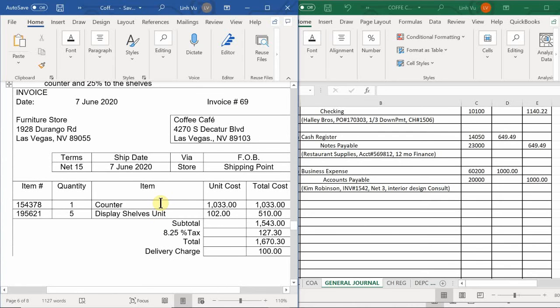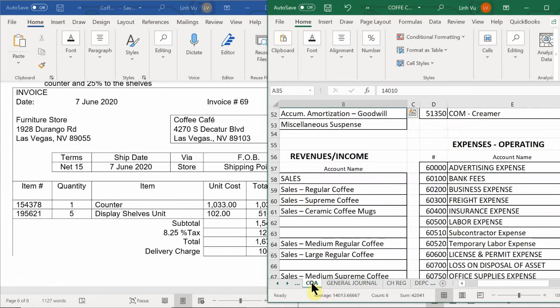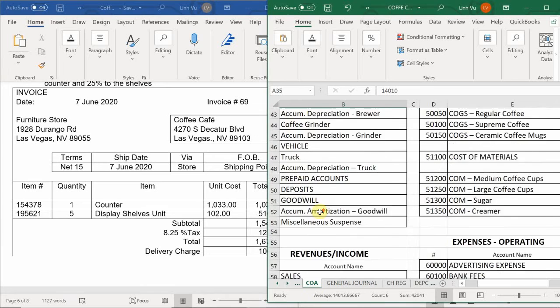So in this case, I received a bill, and I'm not going to pay for it yet. So in this case, it is another accounts payable account. Now, with that being said, what did we buy? What did we purchase? Furniture. Yes, but now let's be more specific.